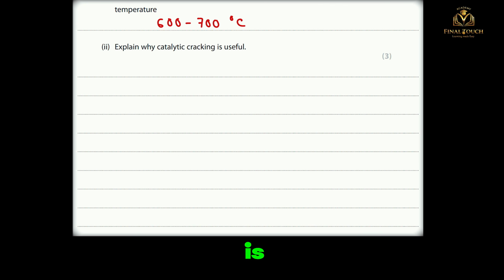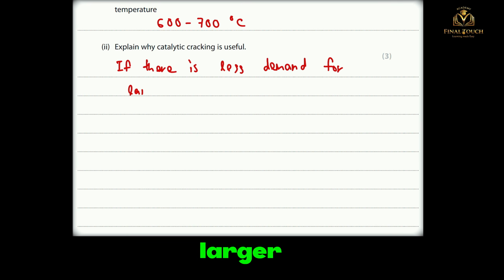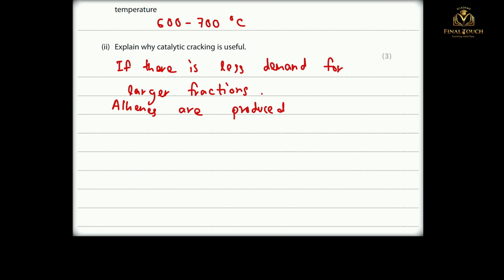So the first point we can write is if there is less demand for larger fractions, at that point we say alkenes are produced which are needed to make polymers.